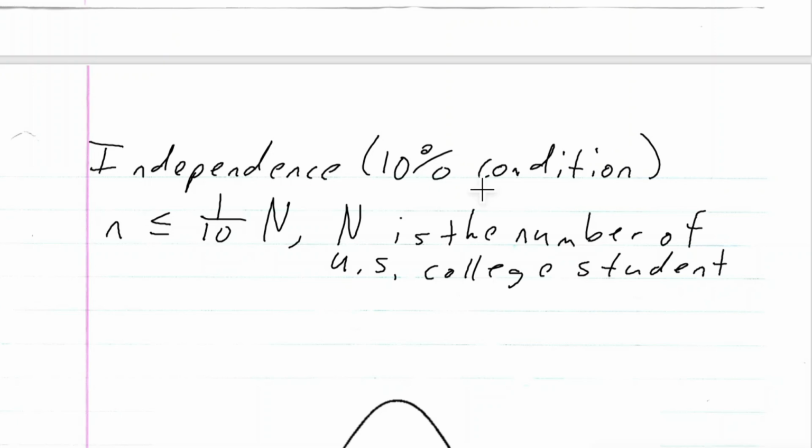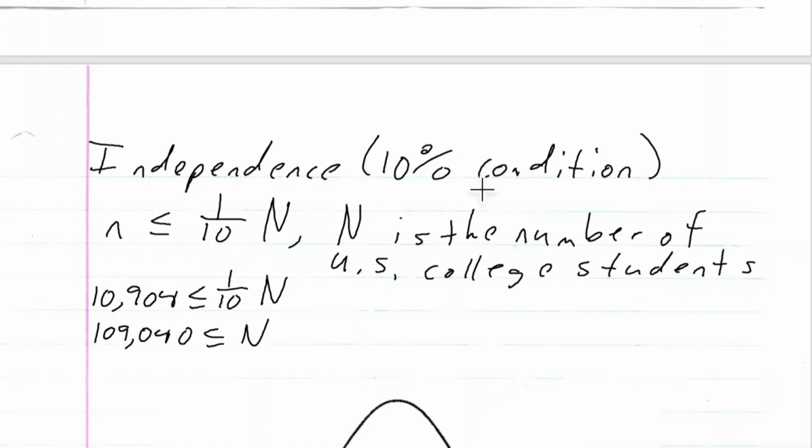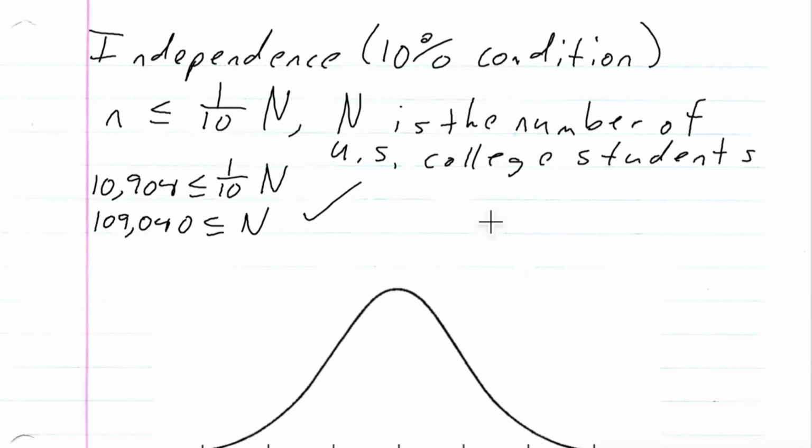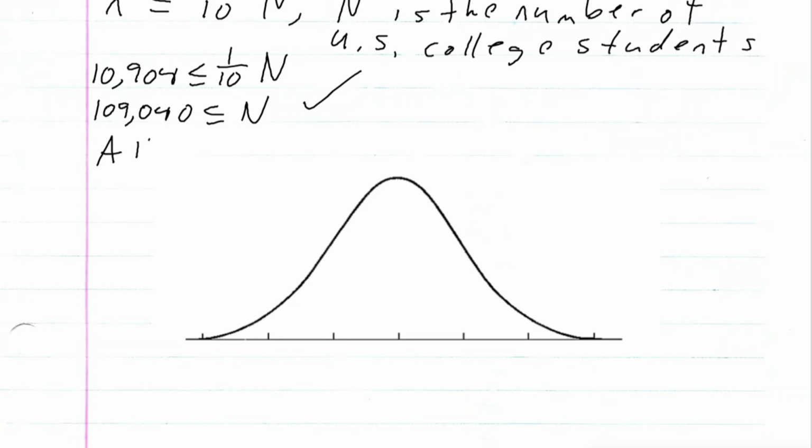Little n was the sample size, which was 10,904, and that is clearly less than a tenth of the number of all U.S. college students. We can even rewrite this as 109,040 less than or equal to N, and we can definitely assume that condition is met. So those are the three conditions required. All conditions are met.